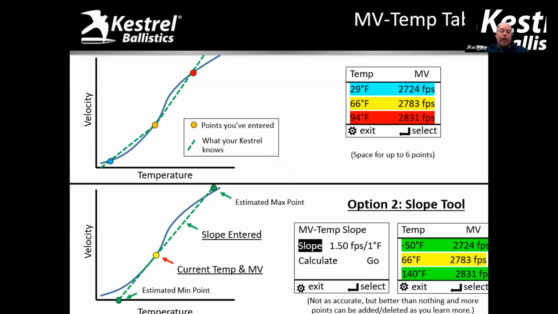That's going to be what your current ambient temperature is that the Kestrel's measuring. So you want to make sure that at the temperature that you're at currently, you know what that MV is, because that's going to go as your center point. And then you're going to get a -50 and a 140. So you'll get the entire range based on that slope.